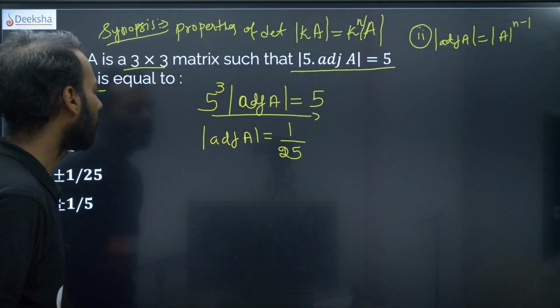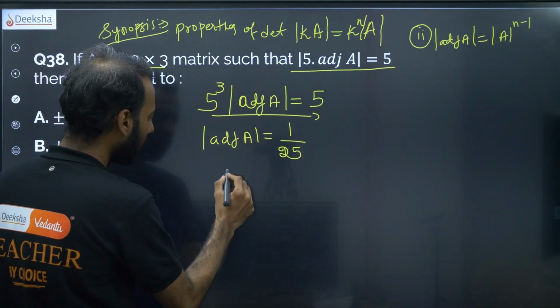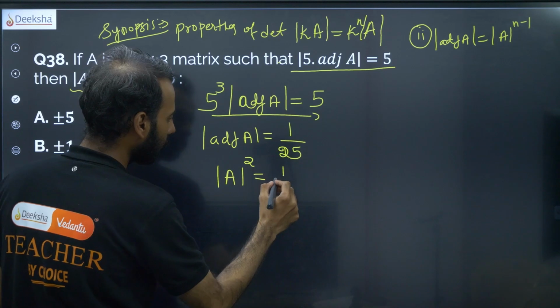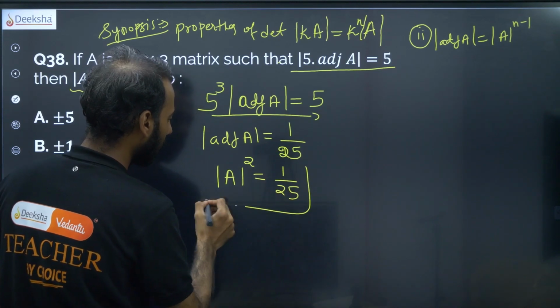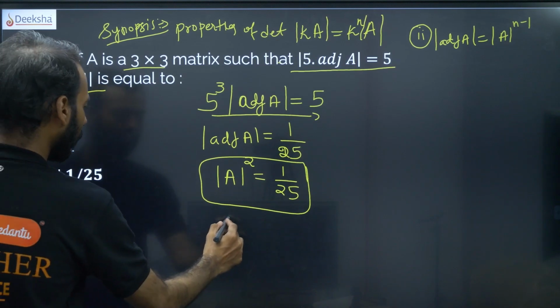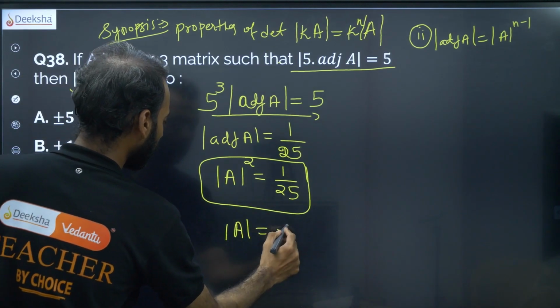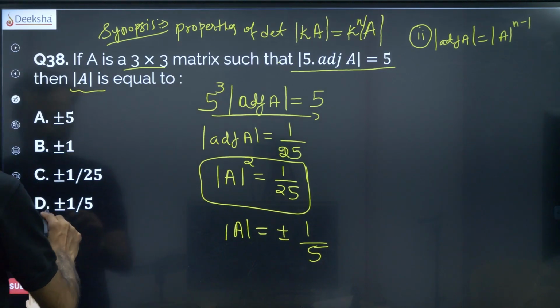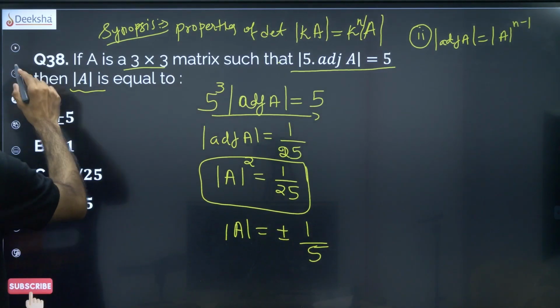Next, determinant of A to the power n minus 1, where n is 3, so this becomes power 2, equal to 1 by 25. So A is equal to plus or minus 1 by 5. Option D is the answer. Moving on to the next question.